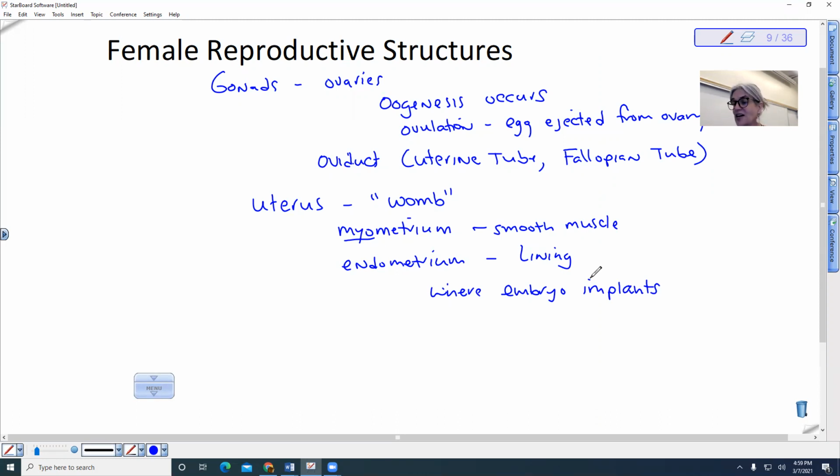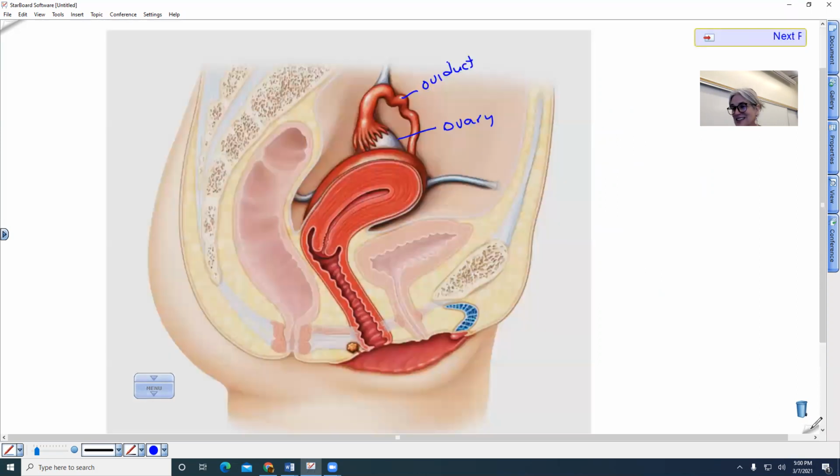So fertilization actually takes place, the egg and the sperm come together in the uterine tube, way up in the uterine tube. And that is necessary because the egg itself cannot survive the entire journey to the uterus. So it has to be fertilized, and then it starts to undergo mitosis, the type of cell division that produces genetically identical cells during embryonic development.